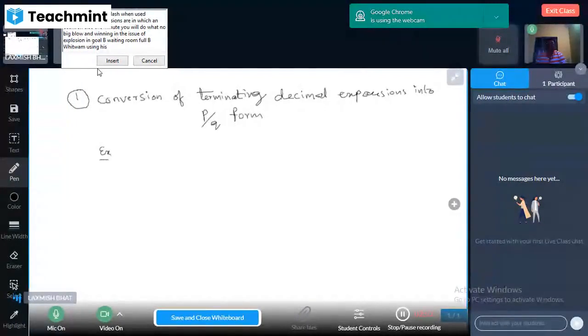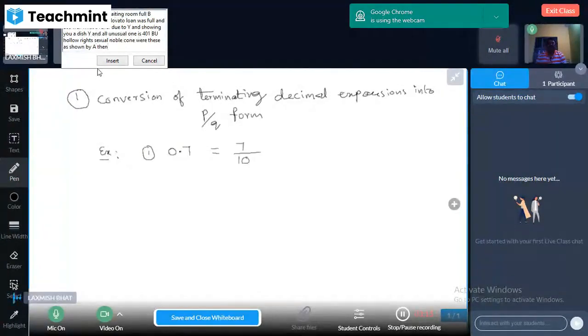Examples. The first example is 0.7. Here the decimal point is one digit from the right side. So we have to convert this as 7 by 10.